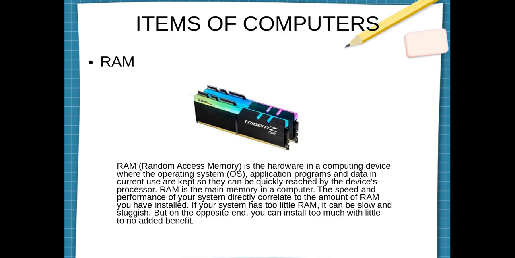RAM is the main memory in a computer. The speed and performance of your system directly correlate to the amount of RAM you have installed. If your system has too little RAM, it can be slow and sluggish, but on the opposite end, you can install too much with little to no benefit.